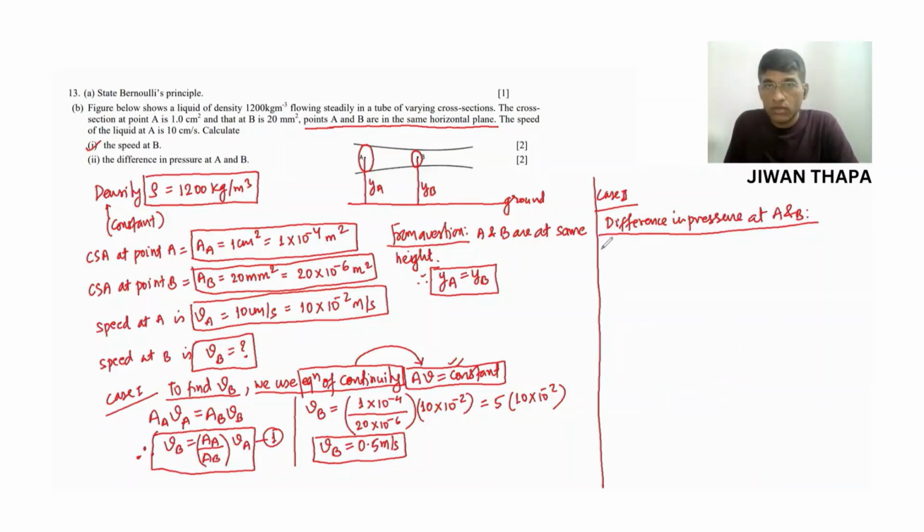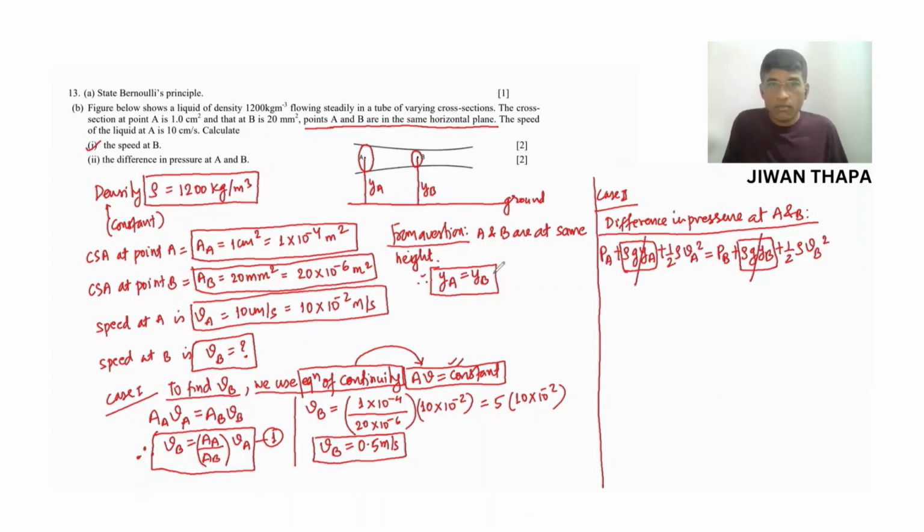Now we know PA plus rho G YA plus half rho VA square equals PB plus rho G YB plus half rho VB square. And we can see the second term on the left hand side and the second term on the right hand side cancel each other.